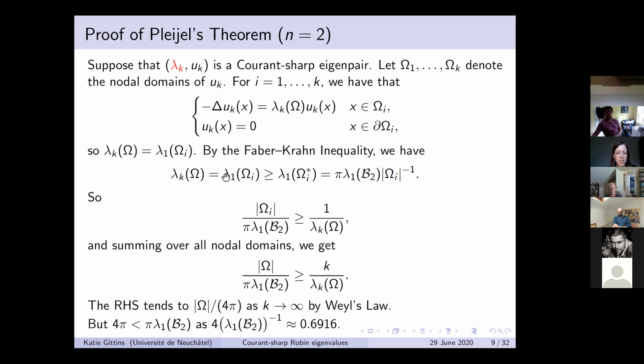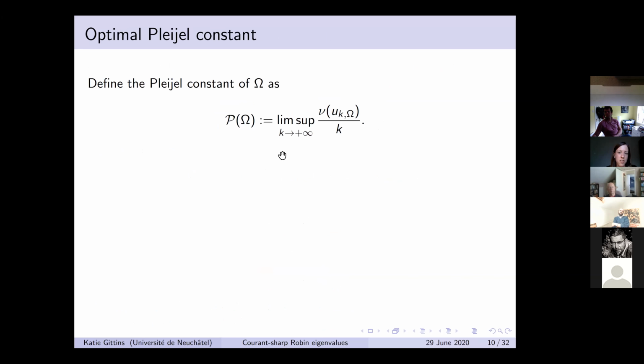Another remark to make is that when we use the Faber-Kahn inequality, we do lose quite a bit, because we say that we'll replace every nodal domain by a disk, and maybe the domain that we start with won't have all nodal domains equal to disks. And this observation was already made by Iosif Polterovich in 2008, who gave a conjecture for what could be the best Pleijel constant.